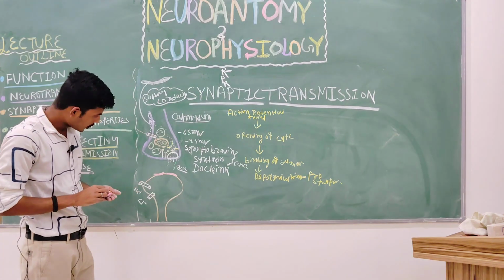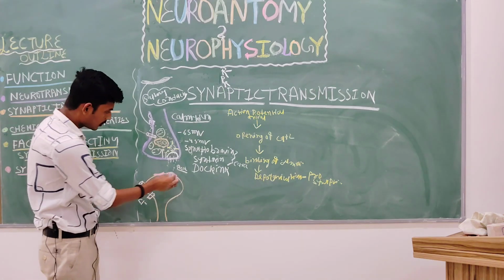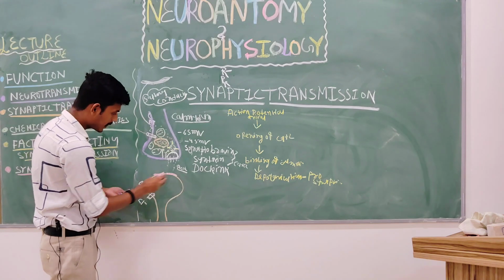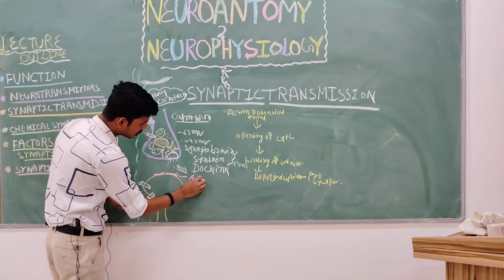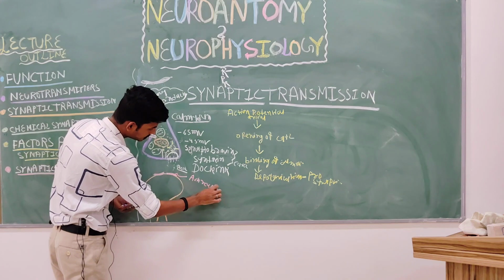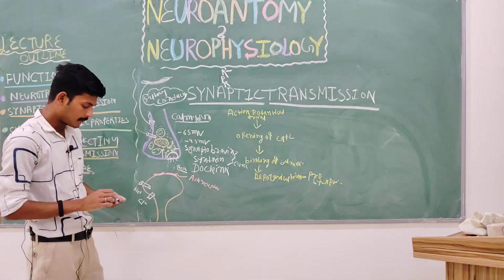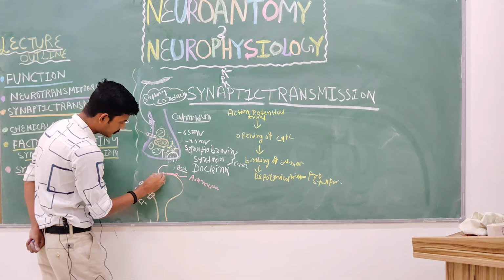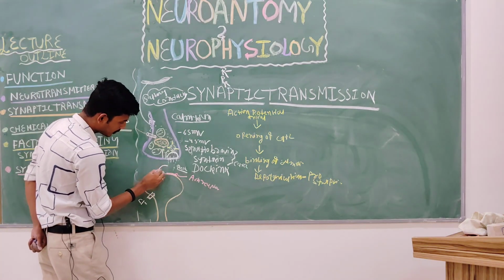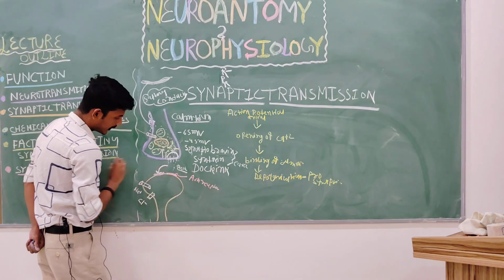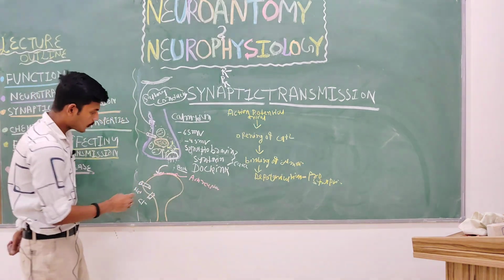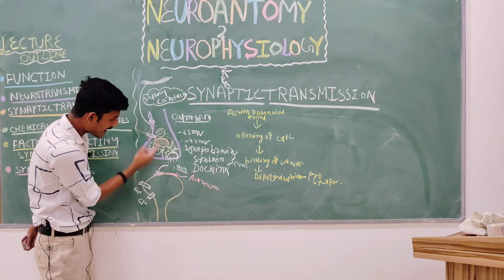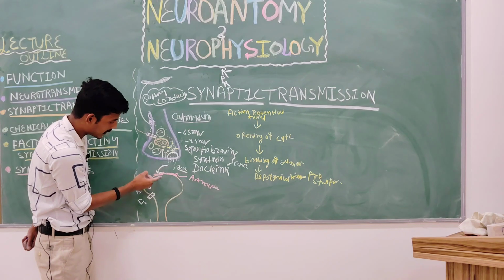Now these receptors, since we are talking about acetylcholine, mark them as acetylcholine receptors. Now this acetylcholine will bind over here, and once they bind, it means there is a transmission of the action potential from the synaptic cleft to here.